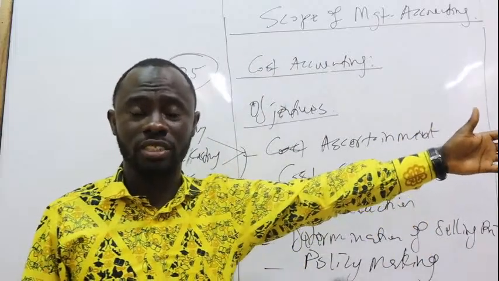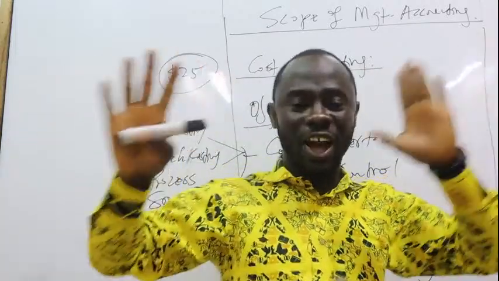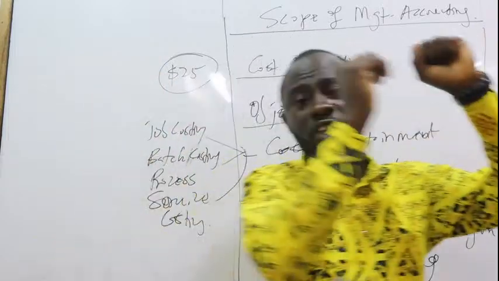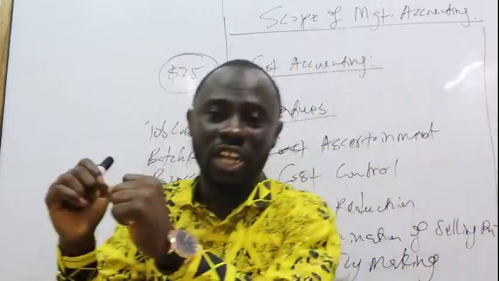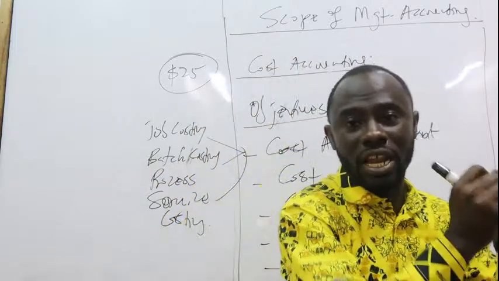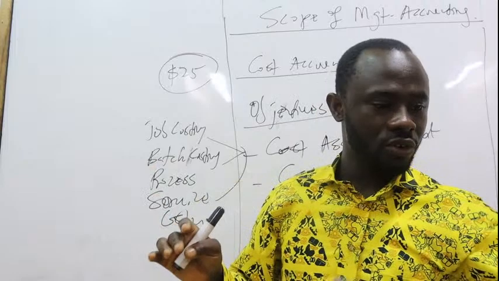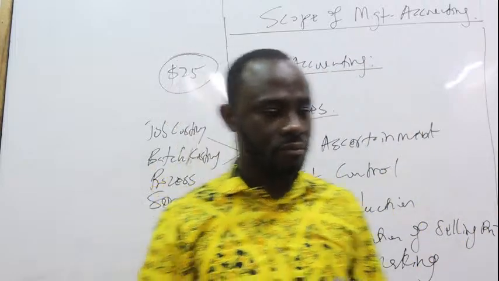The management accountant. So these are a couple of differences that we can mention between cost accounting and financial accounting, or management accounting and what? Financial reporting. Hope it makes sense for you in relation to that.